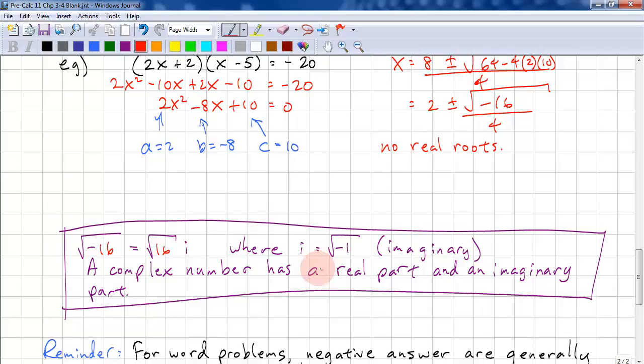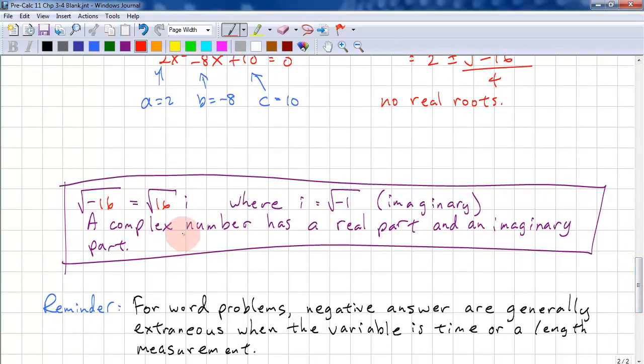We define i as the square root of negative 1. And this is called the imaginary root. And we have complex numbers. And complex numbers have a real part and an imaginary part. So, in fact, this is a complex answer. However, for pre-calc 11, we just say no real roots.